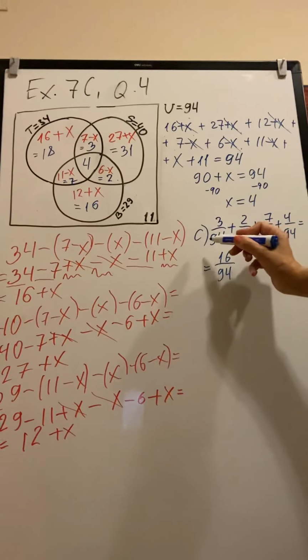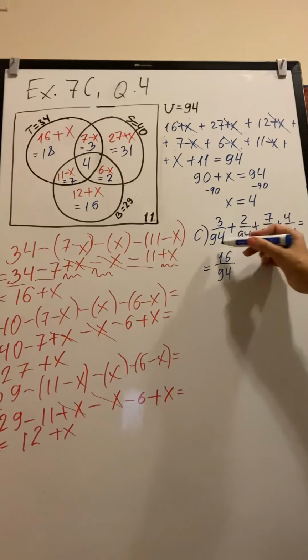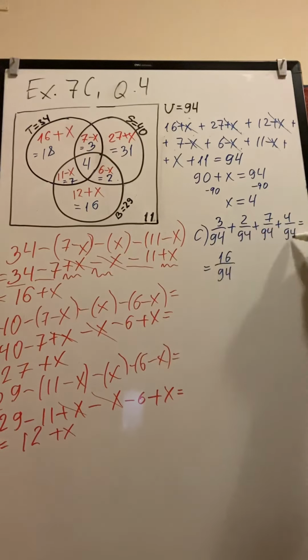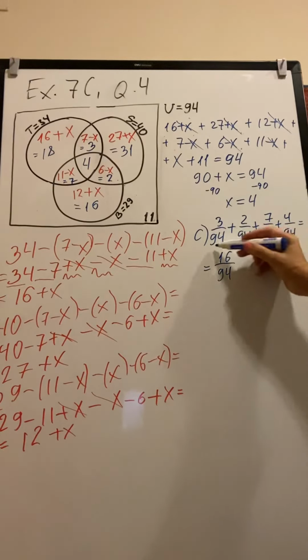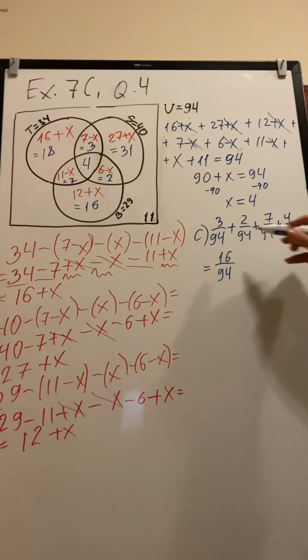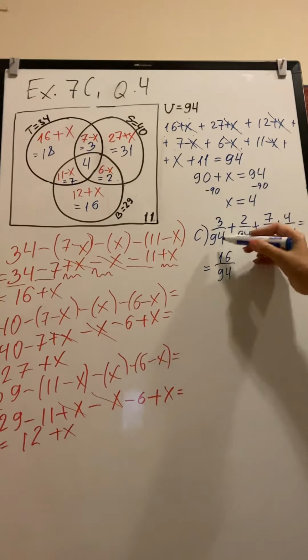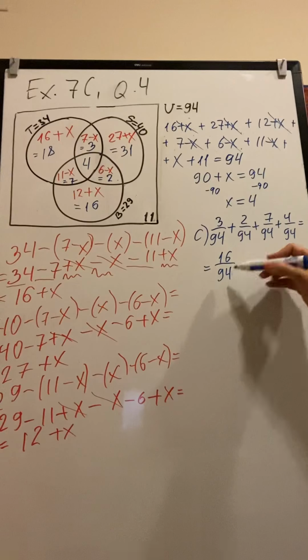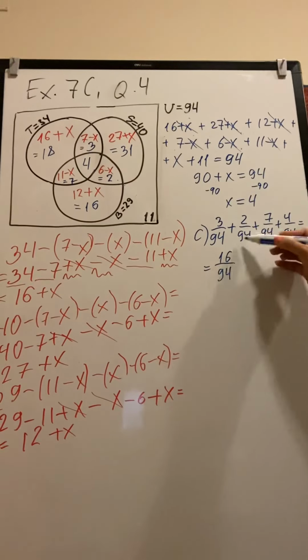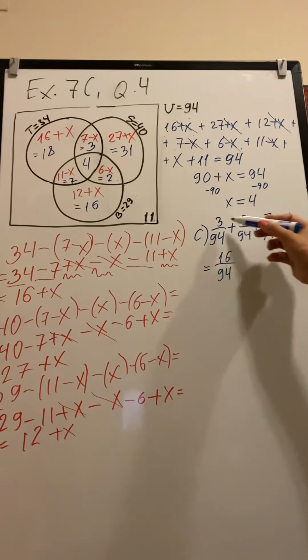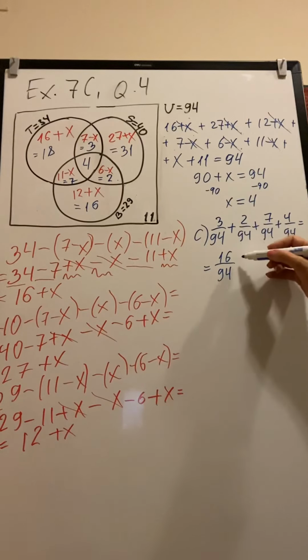Well, again, we're lucky here. We have like fractions. What does it mean, like fractions? It means that they all have exactly the same denominator. And when we have like fractions, we can simply go ahead and add up all the numerators whilst keeping the denominator, yeah? So rewrite the denominator, they're all the same, and then add up numerators.